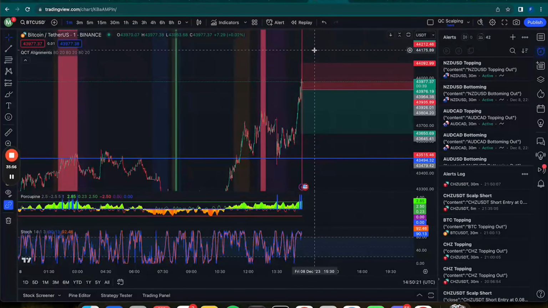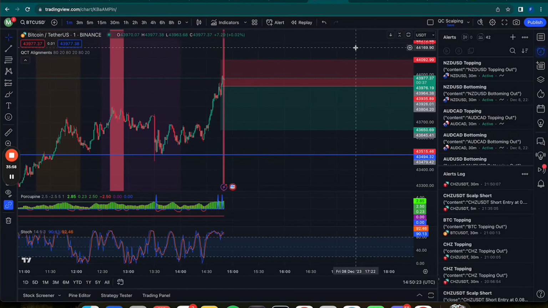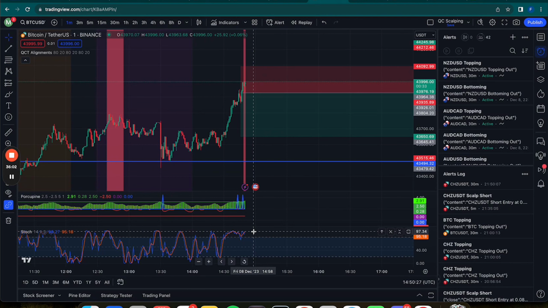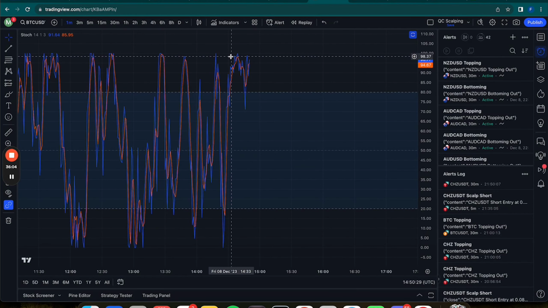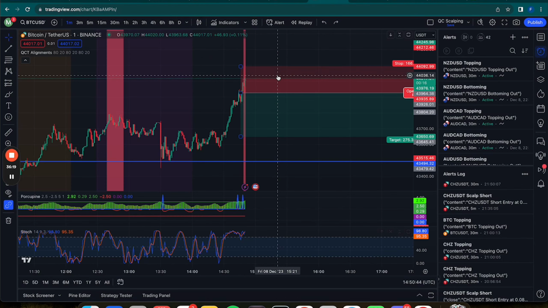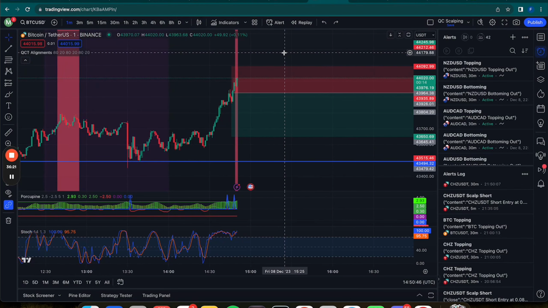Still getting used to talking and trading. But yeah, we would ideally see this range here, right? So we don't want the 1 minute to go above this range, close above it, and we do want the 1 minute to go below this range. So that's kind of what we want to see.